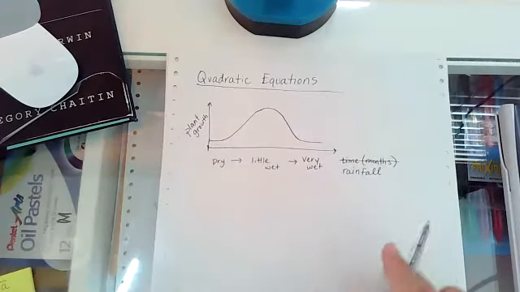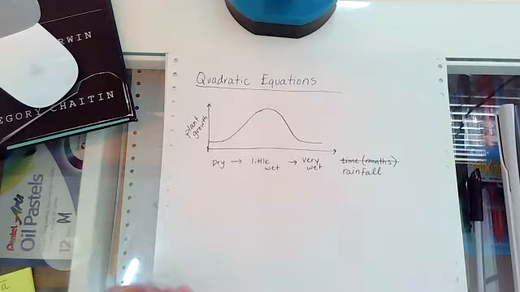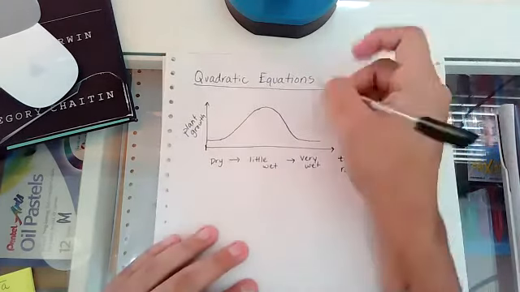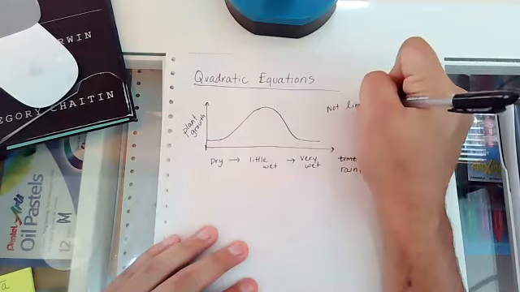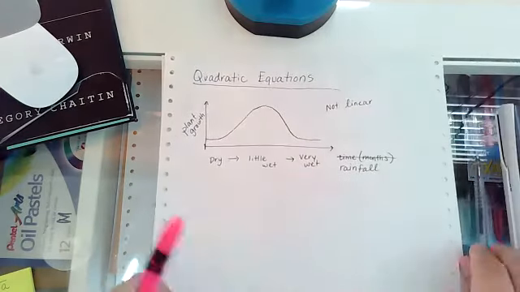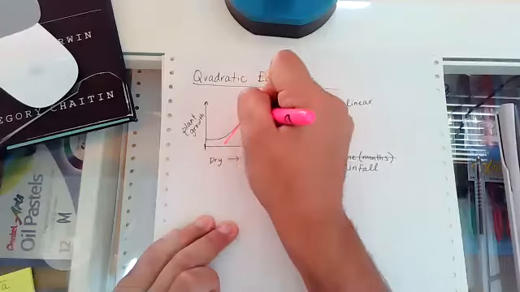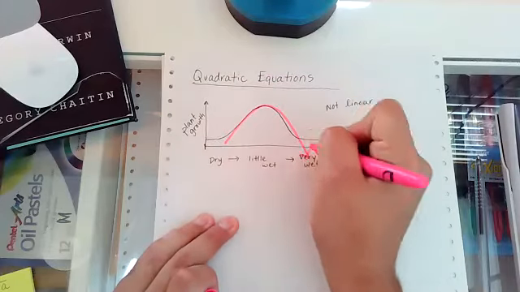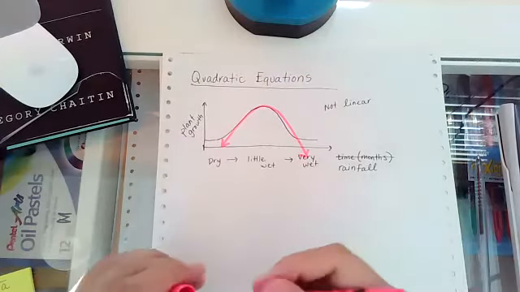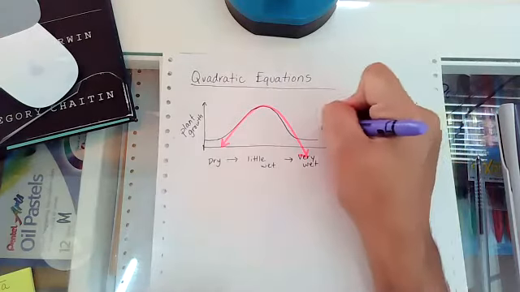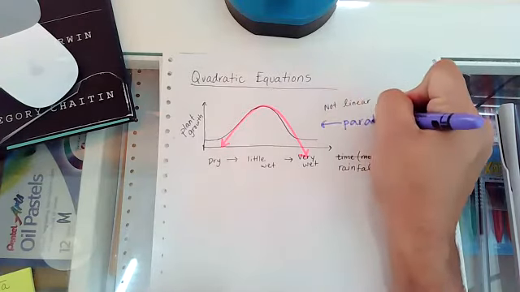Okay. So it turns out that whenever you have a humped graph like this, it's not linear. But this general shape here, if I were to just model it with a sort of U curve like this, we call this shape a parabola.